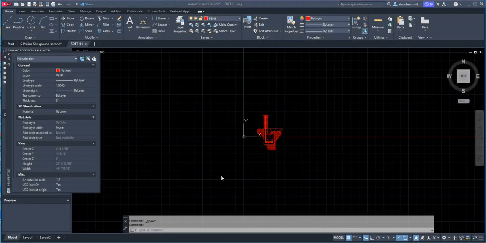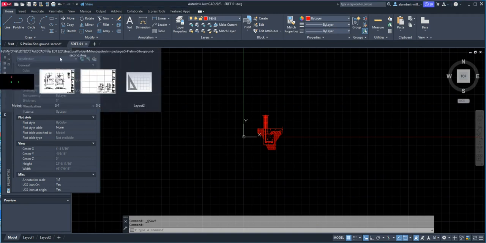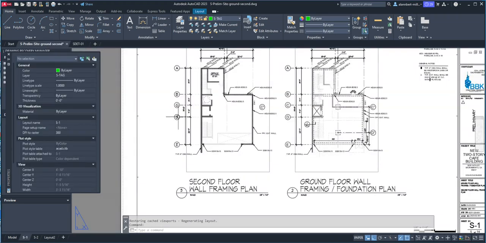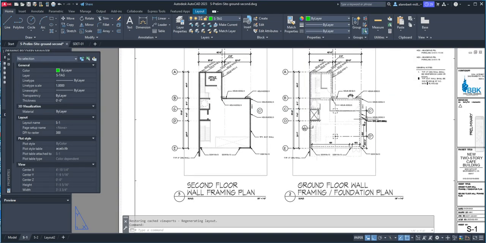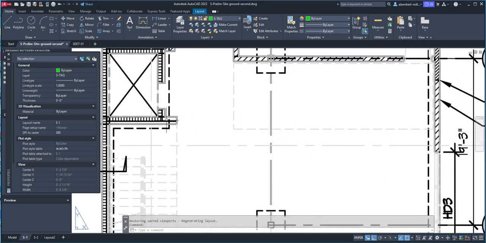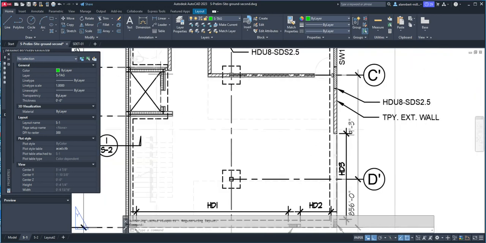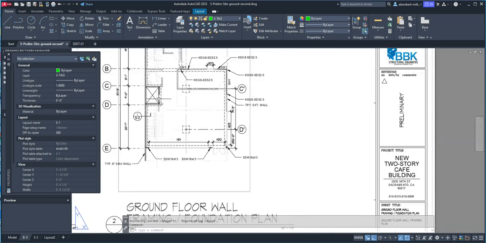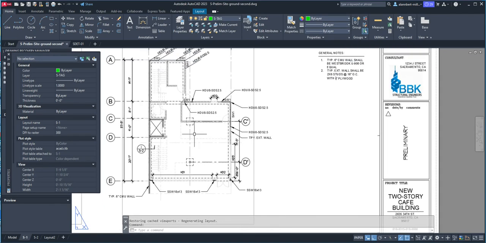Okay, so we're going to go back to our AutoCAD and go to our structural plans where we have our foundations. And let's zoom in here, and we can see that we already have put a mark on the elevator shaft because the floor of this elevator is lower than the floor of our slabs for the coffee shop, for the customer area.